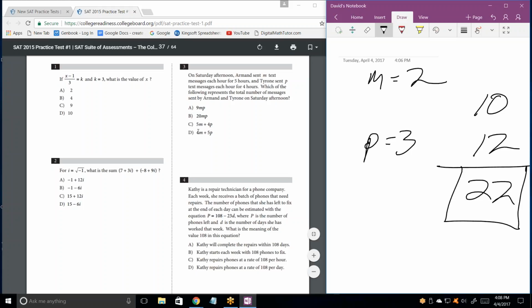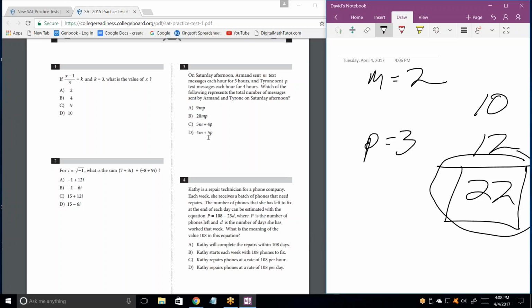The fourth one is 8 plus 15, 23. So I figured out the answer without really, you see what I mean by picking numbers and then checking each answer.